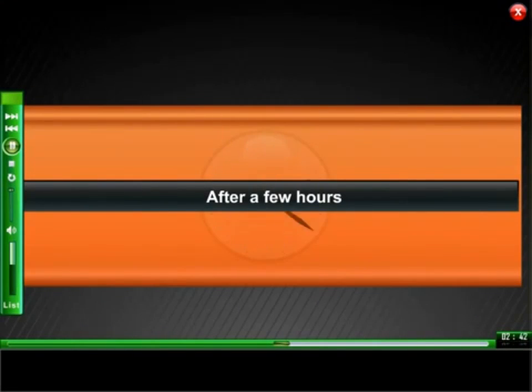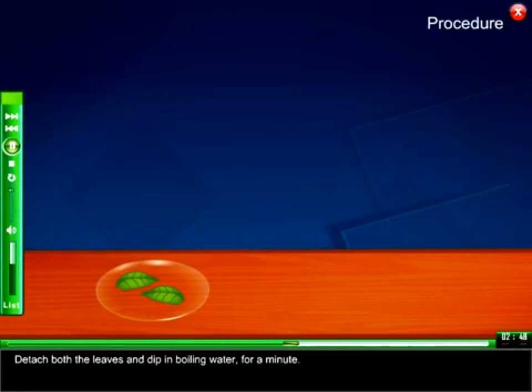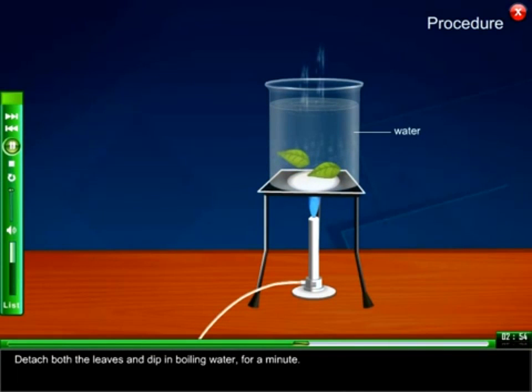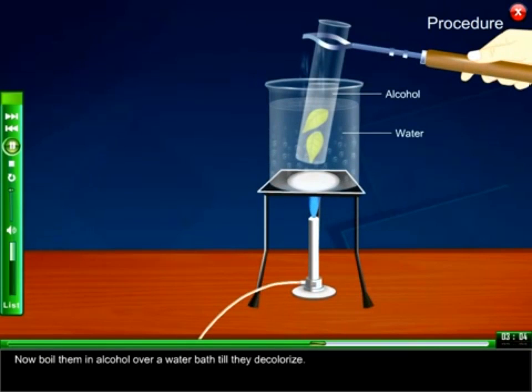After a few hours, detach both the leaves and dip them in boiling water for a minute. Now boil them in alcohol over a water bath till they decolorize.